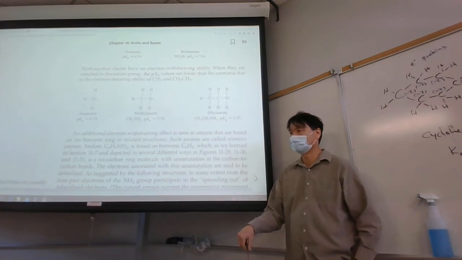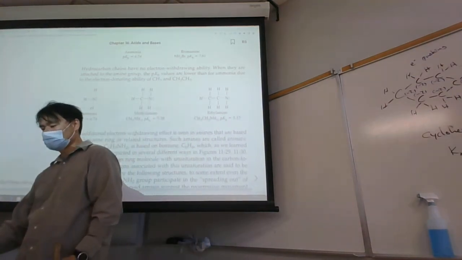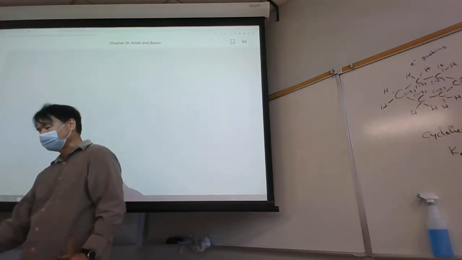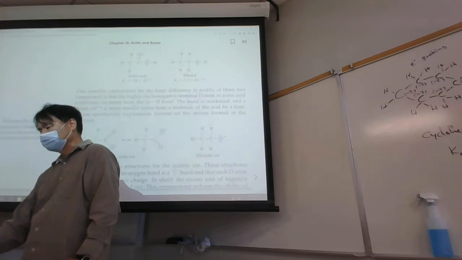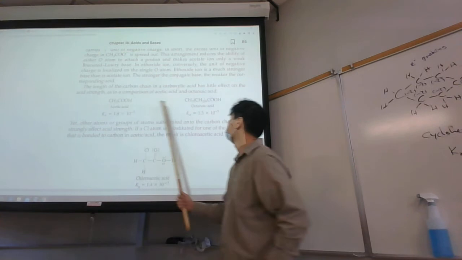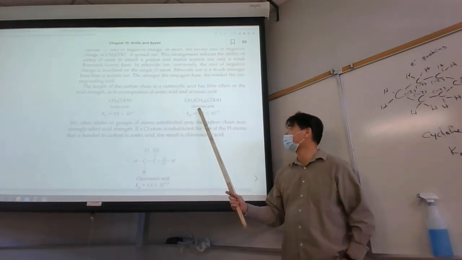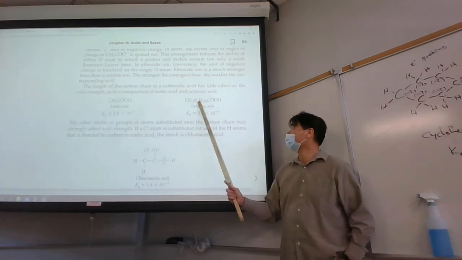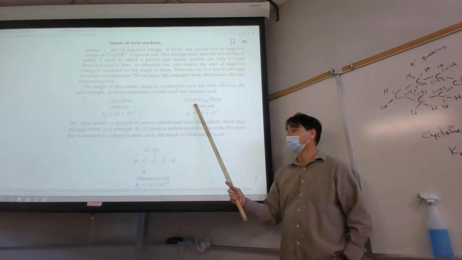And so the example that we saw earlier was this one: acetic acid versus octanoic acid. If you compare acetic acid and octanoic acid, the more carbons there are, the better it should be as an electron withdrawer or electron pusher?